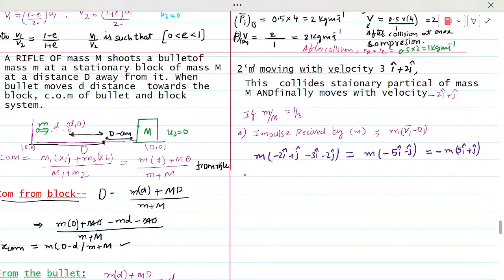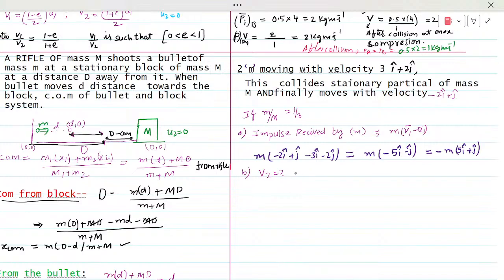Similarly, the next question is the velocity of capital M. Velocity is not given, so you can find out v by applying the conservation of momentum.